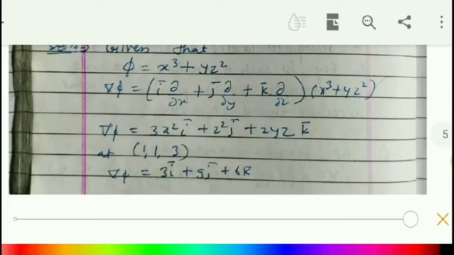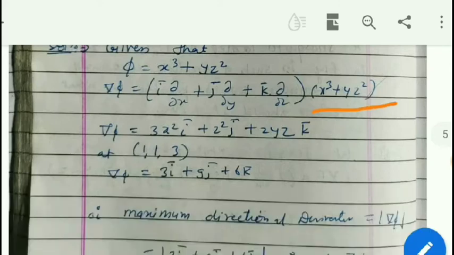That means we have to calculate the partial derivative of the function x cube plus y z square with respect to x, y, z. With respect to x, del phi by del x is 3x square i bar; the partial derivative with respect to y is z square j, and the partial derivative with respect to z is 2yz.